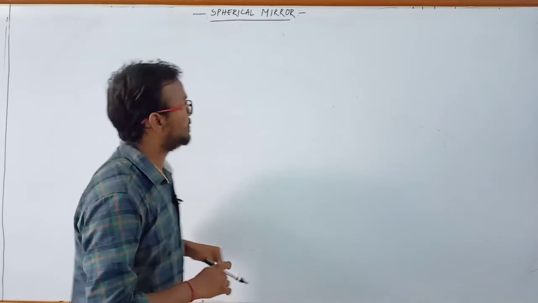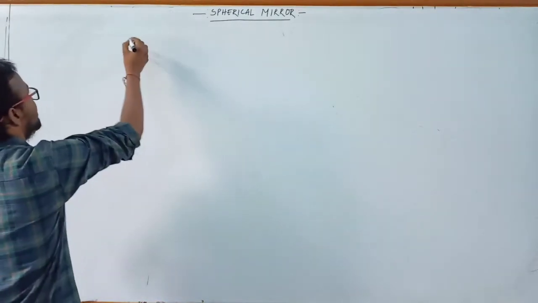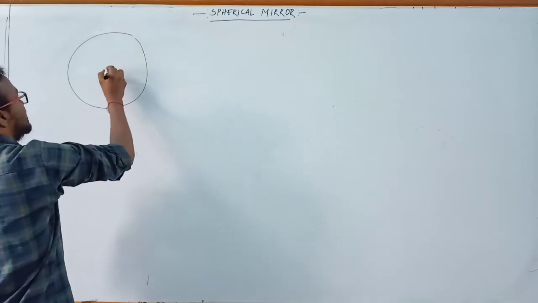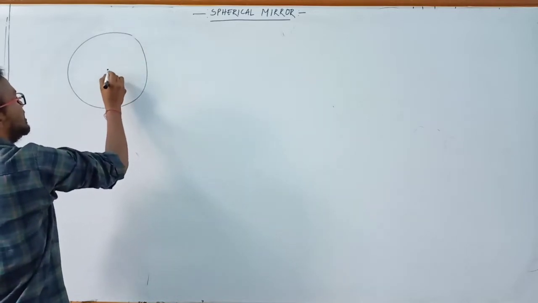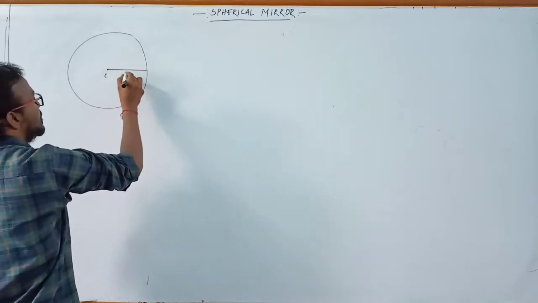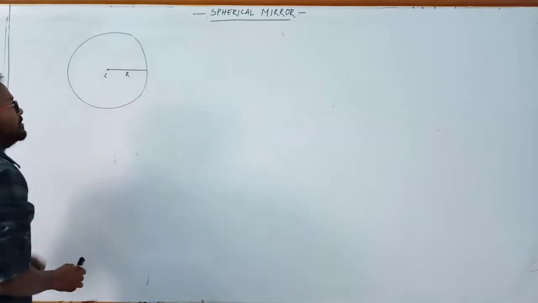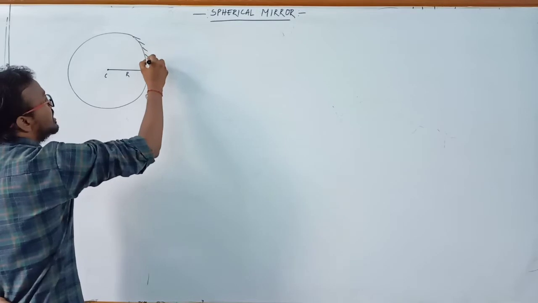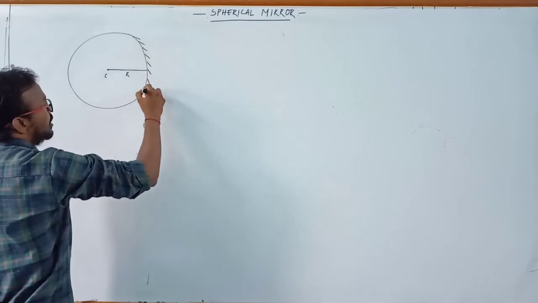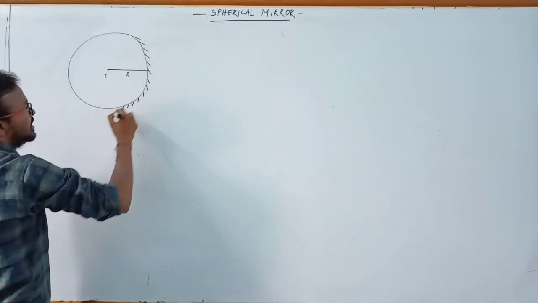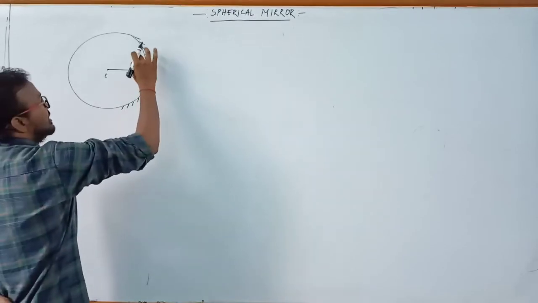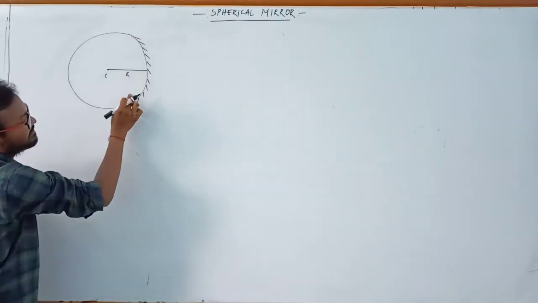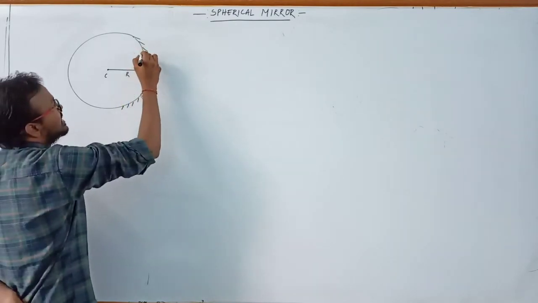That means suppose we have a sphere here, and the center point of the sphere is C and the radius of the sphere is capital R. Now if we silver the outer surface, or one part of the surface, with silver, then the inner side of this part is known as the reflecting surface.